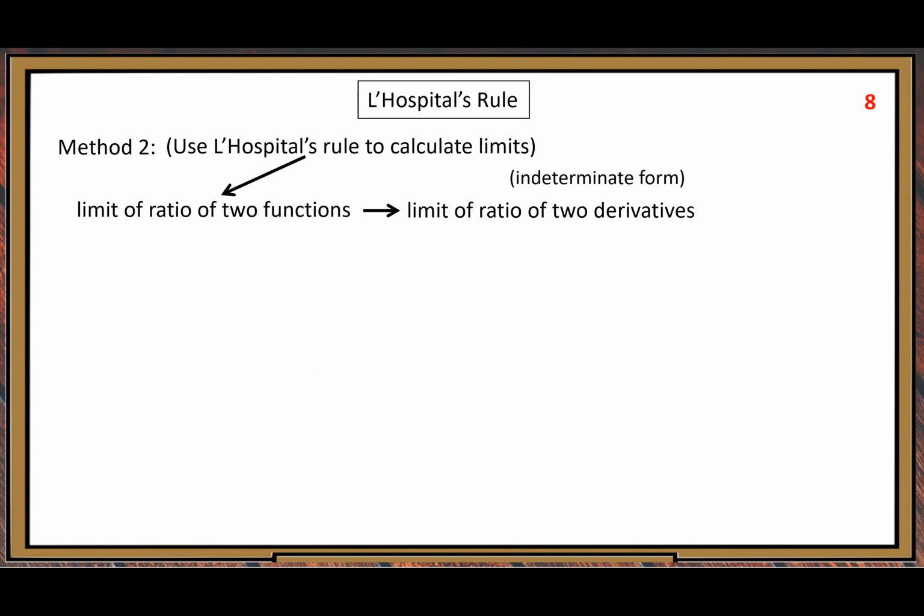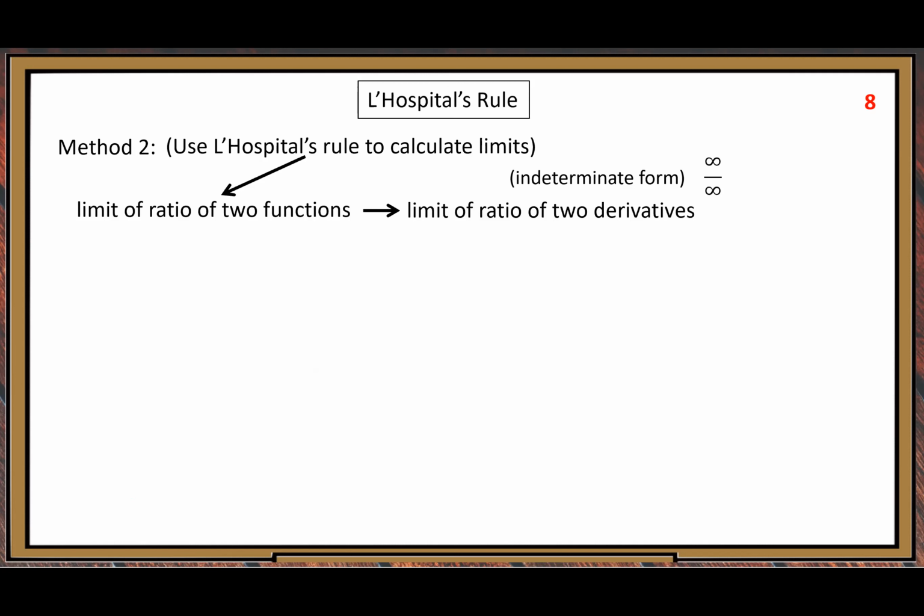So what's the right way? You need to make sure you apply it on an indeterminate form. Infinity over infinity: two functions, both going to infinity. We call that the infinity over infinity form.